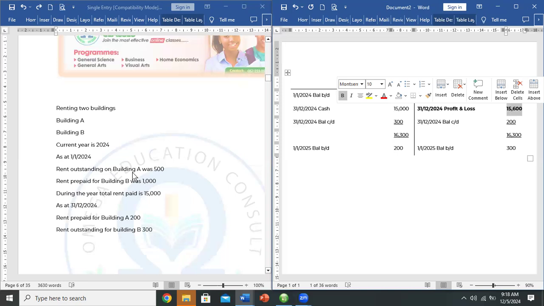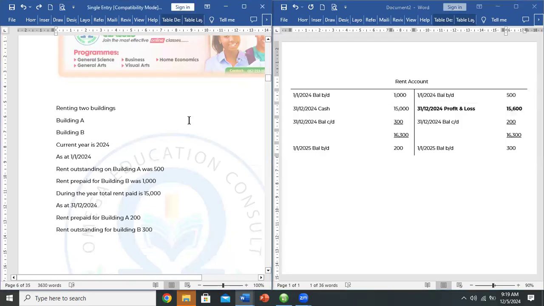Let me emphasize again that it's not always the case that you get prepayment and arrears at the same time. There are some questions where there are not even opening balances at all. If they are not there, you don't put them there. But this is to give you specific guidance: if you are preparing your expense account, ask questions about the opening balance. If you enter a business and want to prepare their expense account, you ask them, were you having any arrears from last year?